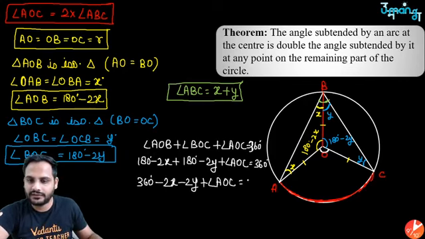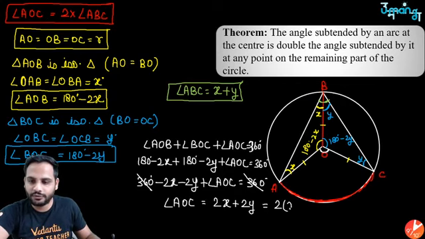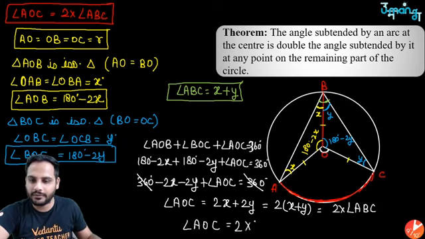Shift minus 2x minus 2y over there. So you will get angle AOC is equal to 2x plus 2y. Take 2 common, so you will be left with x plus y, and x plus y we already know is equal to angle ABC, that is 2 times angle ABC. So we have got the result that angle AOC is equal to double of angle ABC.